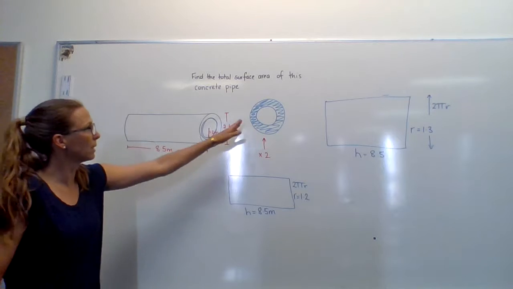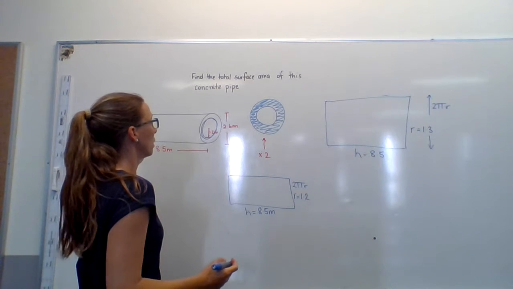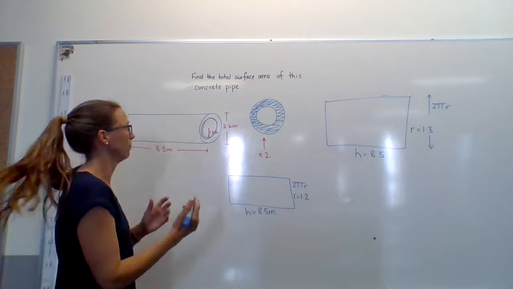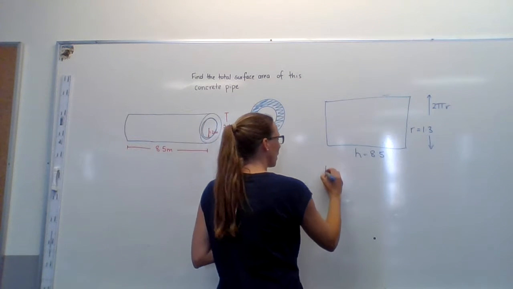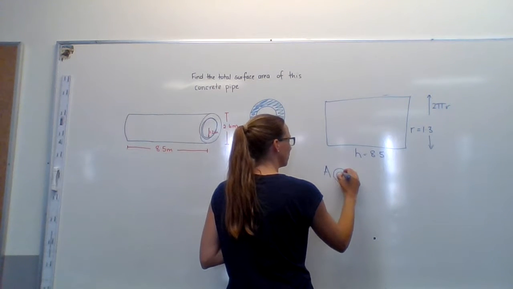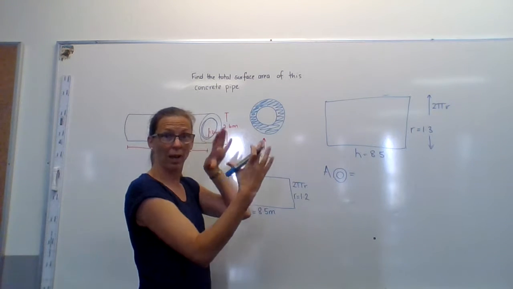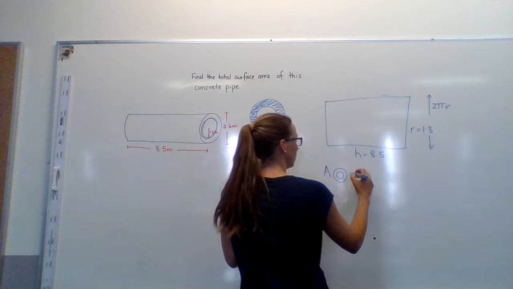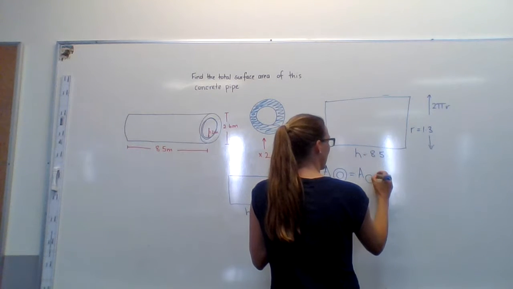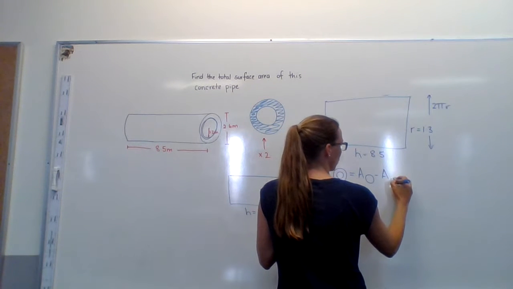Okay, so let's start with this ring. I might work over here. The area of the ring is going to be the area of the large circle, take away the area of the small circle.